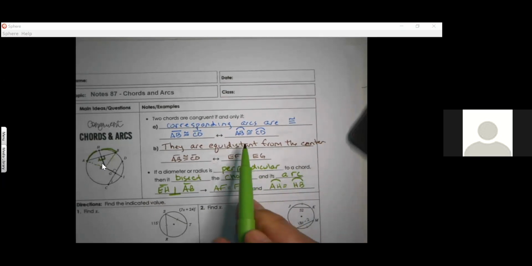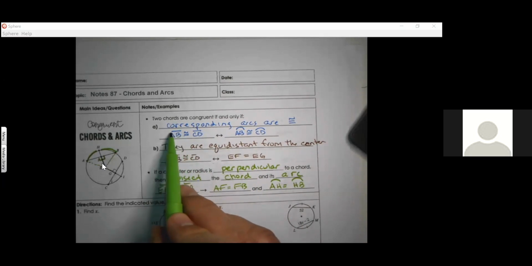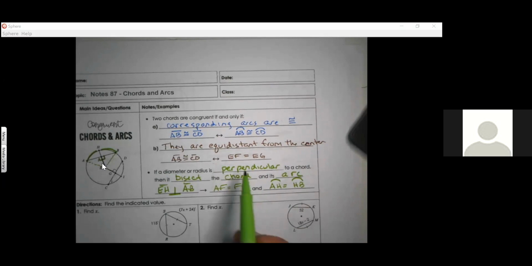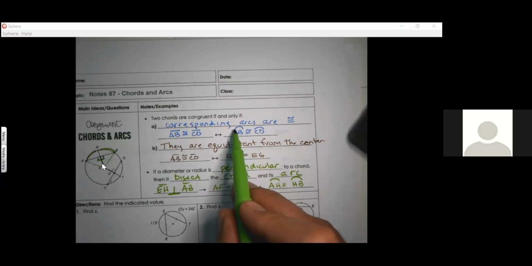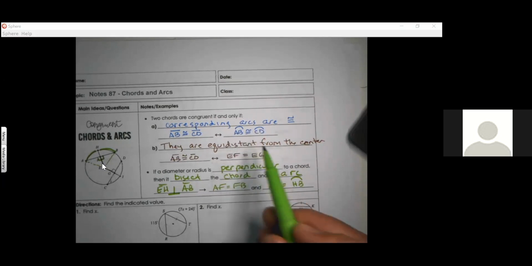And just like when we talk about segments, we can either say the segment on top means congruent, or we can say without the segment on top, their lengths are equal. We can put the segment on top and say they're congruent, but if we want to say that they have equal measure, we have to put a little m in front of them and say that the measure, in other words, the degree of that arc is the same.